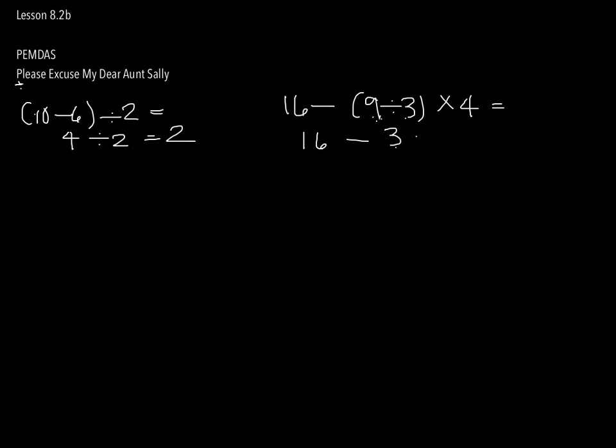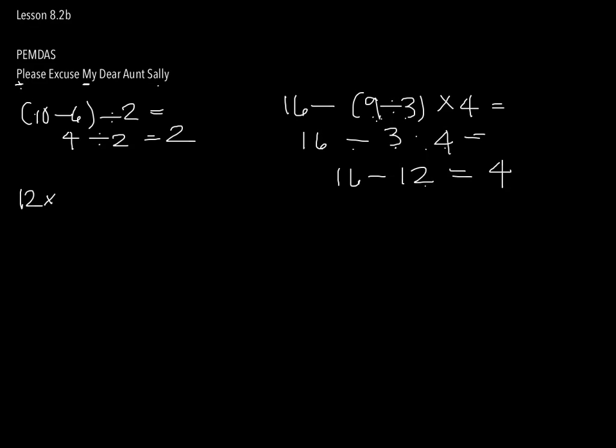Oopsie, sometimes I do that, times 4 is equal to, now what do I do first? Subtract or multiply? Well, please excuse the M is before the S, so we're going to multiply, so it's going to be 16 less 3 times 4 is 12. 16 less 12 is 4.